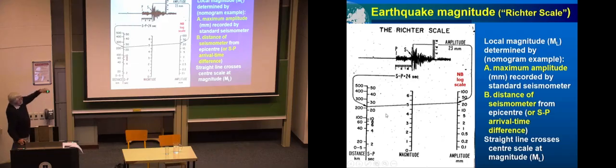And this is a simple graphical chart which shows you, in this instance, a particular seismogram recorded at a 24-second SP interval, that's there on that side, and the maximum amplitude is 23 millimeters for that calibrated seismometer. And then by connecting those two, you determine that is equivalent to a magnitude 5 earthquake.